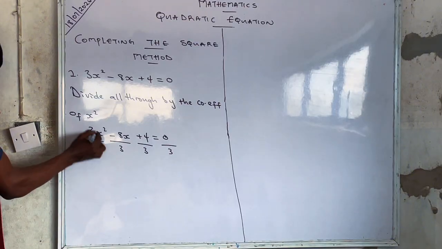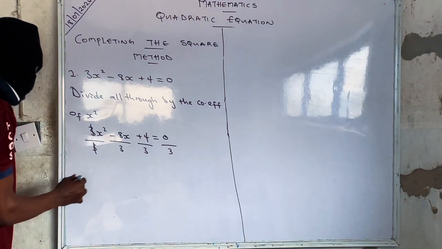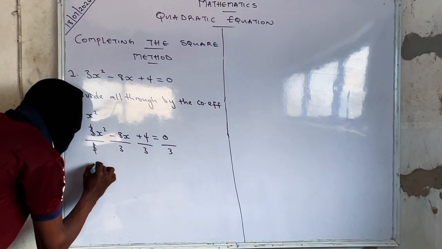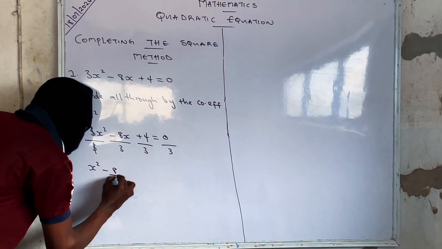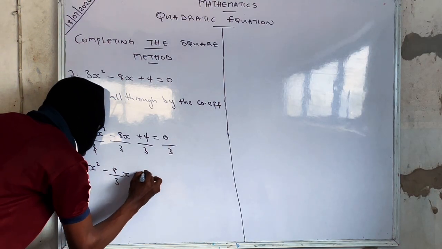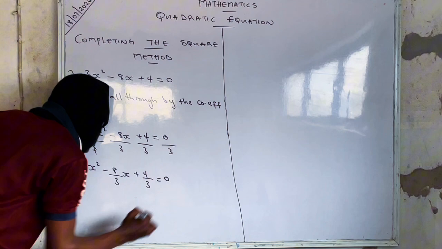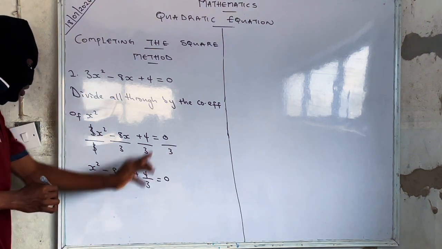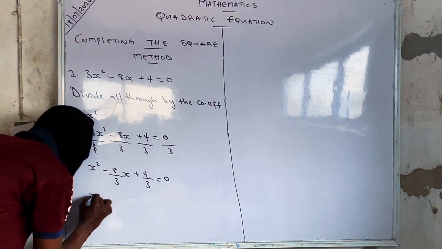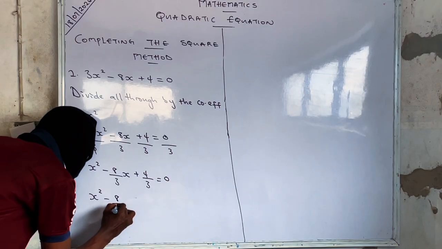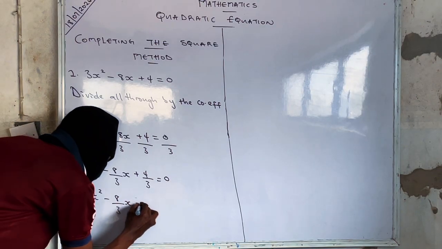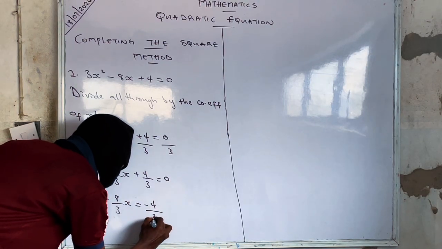Now this 3 cancels 3 here, then we are left with x squared minus 8 over 3 x plus 4 over 3 equals 0. Now this 4 over 3, take it to the other side, it will give us x squared minus 8 over 3 x equals minus 4 over 3.